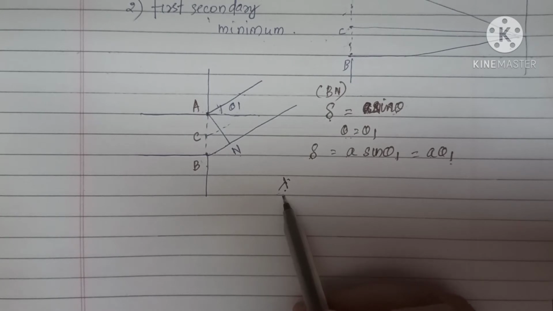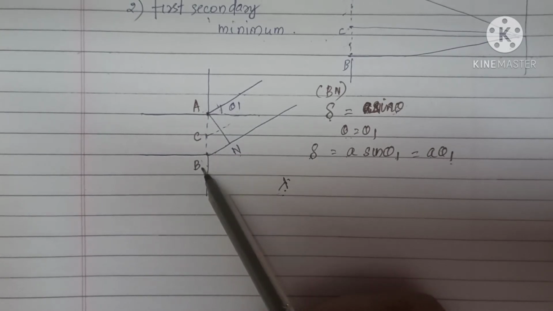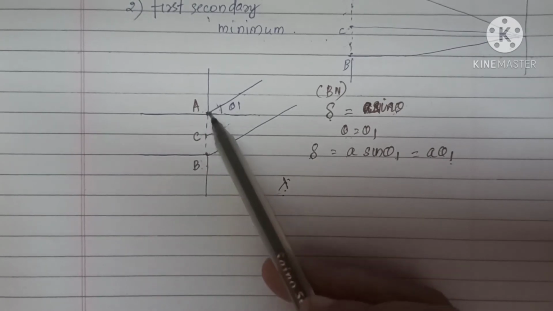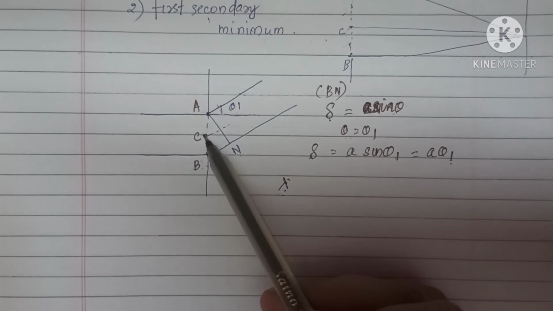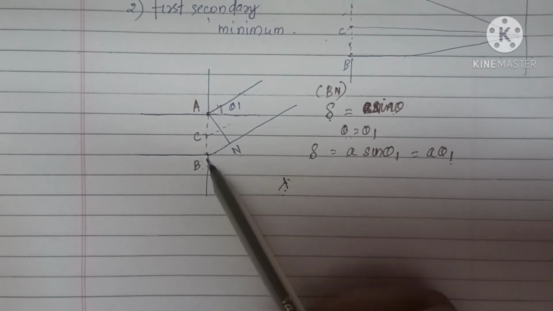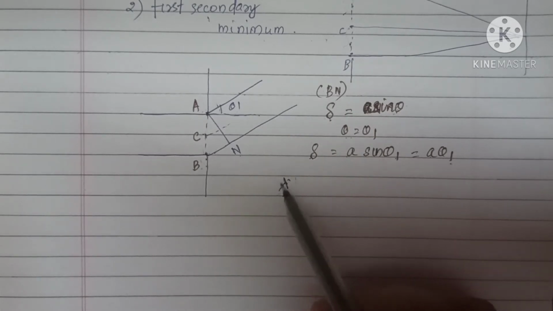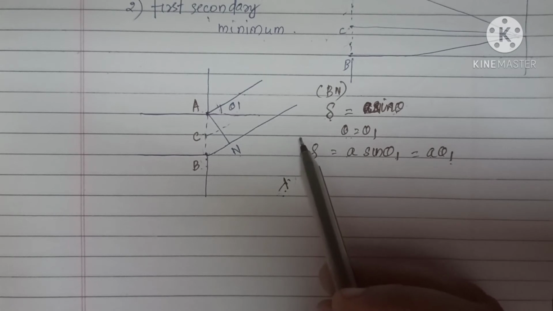Now, as I told, there is an upper half as well as a lower half. So corresponding to every point on the upper half AC, we have some point in the lower half BC, isn't it? So this lambda path difference will be divided into 2.